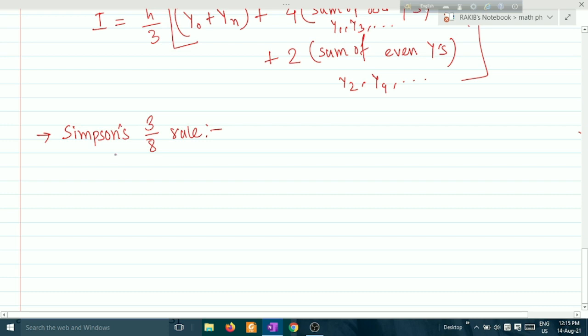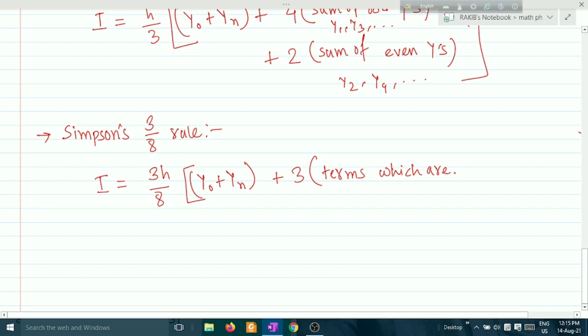For Simpson's 3/8 rule, the formula for integration will be 3h upon 8 times y0 plus yn, that is the first term and the very last term, and 3 times the terms which are not multiples of y3.